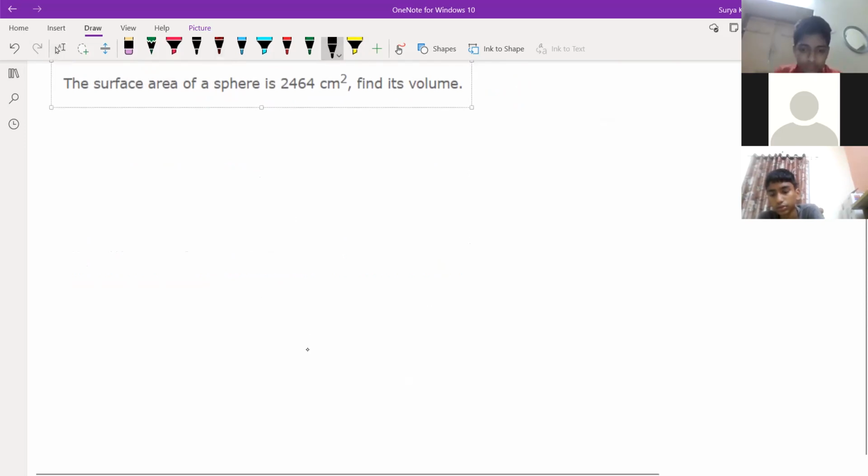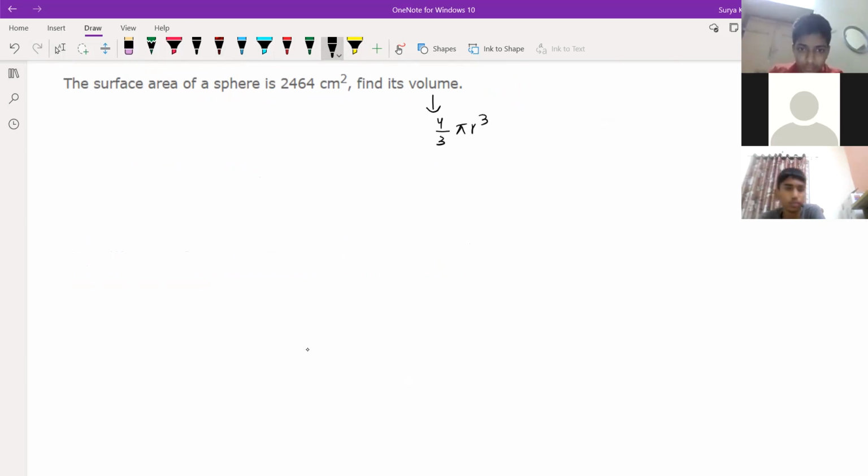So the surface area of the sphere is 2464. Find its volume. So for volume, what is the formula? 4 by 3 pi r cube. If we don't know the radius, we can't find the volume. So this is the hint given to us. From the first part, we can find the radius.